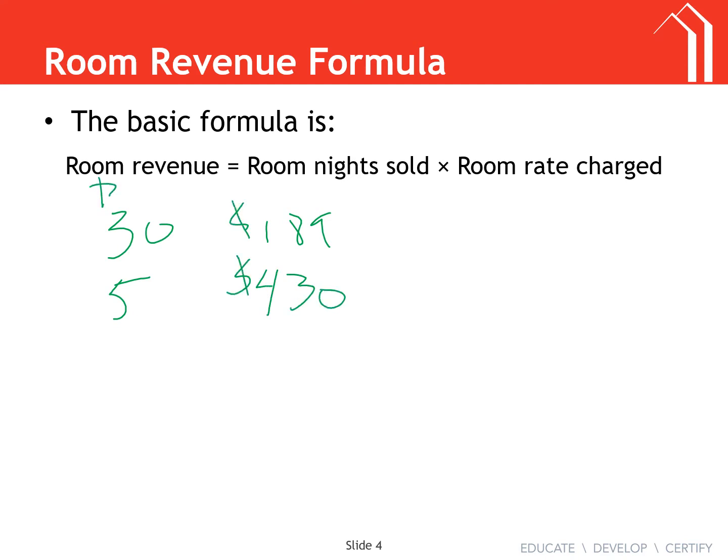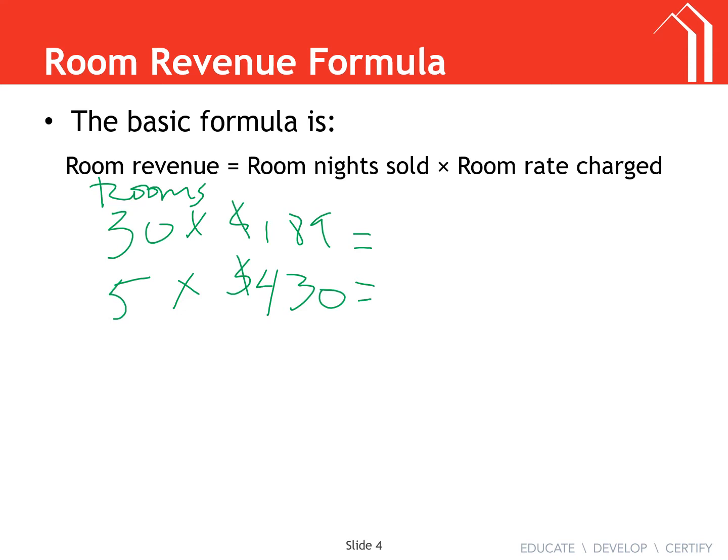Okay, so the rooms, we sold 30 at 189, and we sold 5 suites at 430. So what's our basic formula up there? It says room nights sold times the rate charged. Thank you, Alfred. So now we just do 30 times 189, and we do 5 times 430.